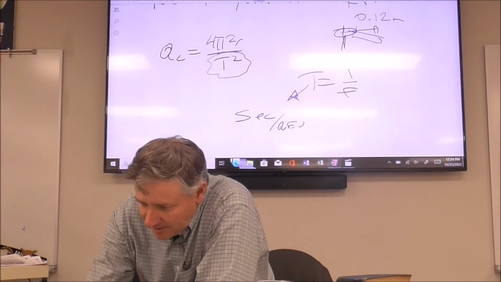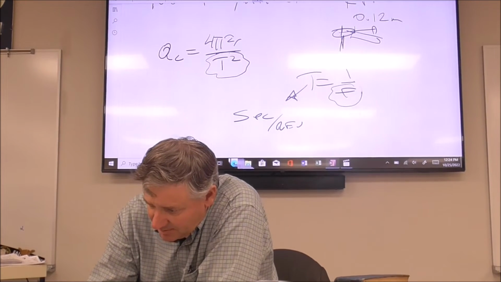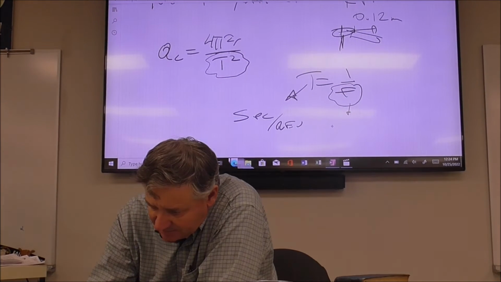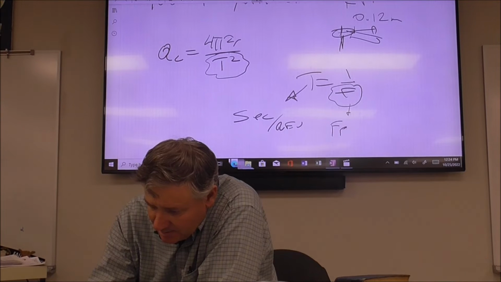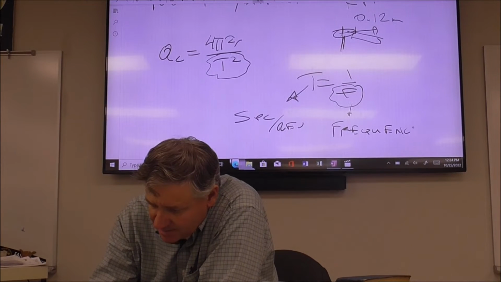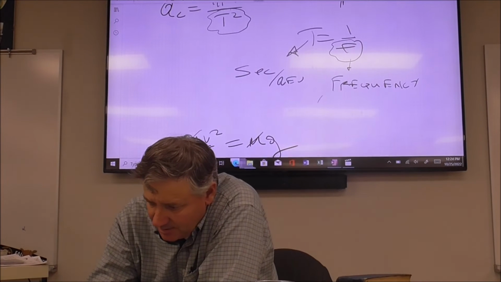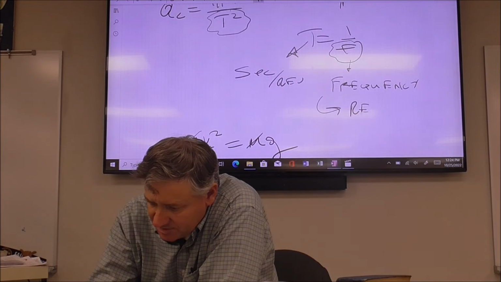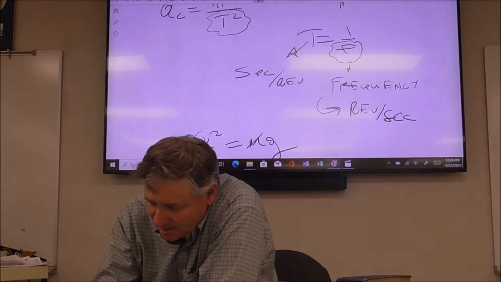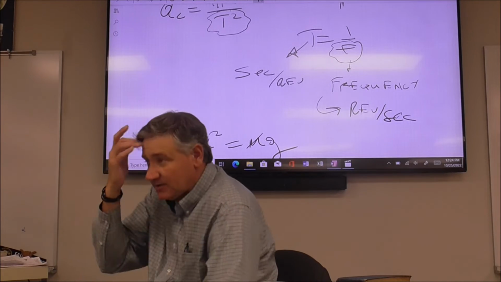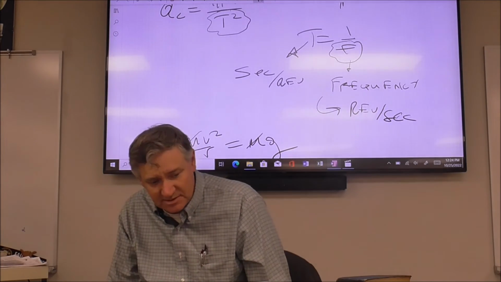Now, anybody know what the little f stands for? Frequency. Frequency, okay? So frequency has units of revolutions per second, okay? Now, notice that these are inverses of each other.